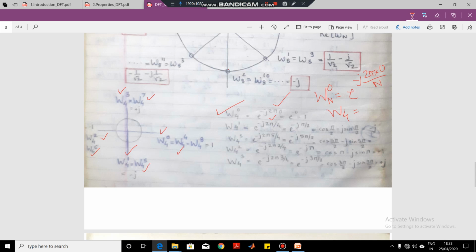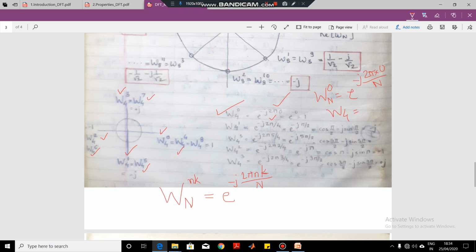Remember this formula, it is very important. The generalized formula we can write is W_N^{nk} equal to e raised to minus j 2 pi nk divided by capital N.